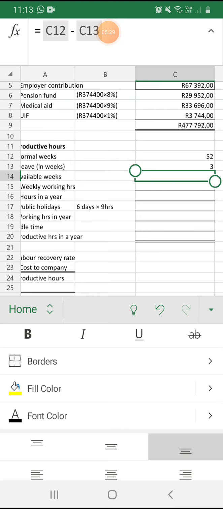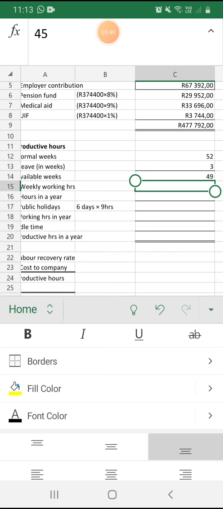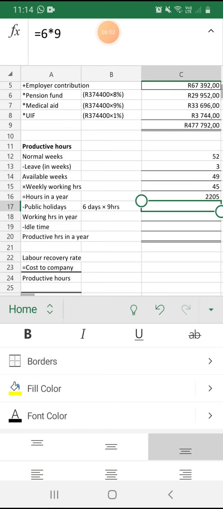Therefore, 52 minus the 3 weeks will give you a total of available weeks of 49 weeks. Therefore, we need to multiply with the weekly working hours, and they told us that the employees work a normal 45-hour week over 5 days. Therefore, we multiply with 45, and then we'll get our hours in a year to be 2,205.